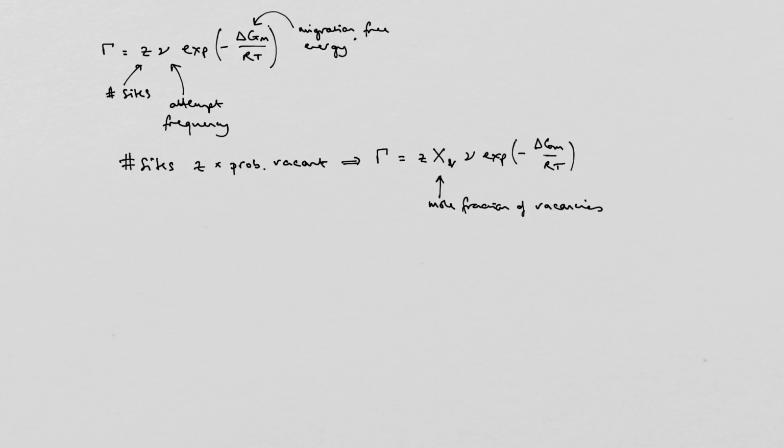There's going to be a configurational entropy change when I put a vacancy in a crystal, because the entropy is going to increase. If I put one vacancy in, there are n sites that it can go on. If there are two vacancies, there's proportional to n squared sites, and so on.